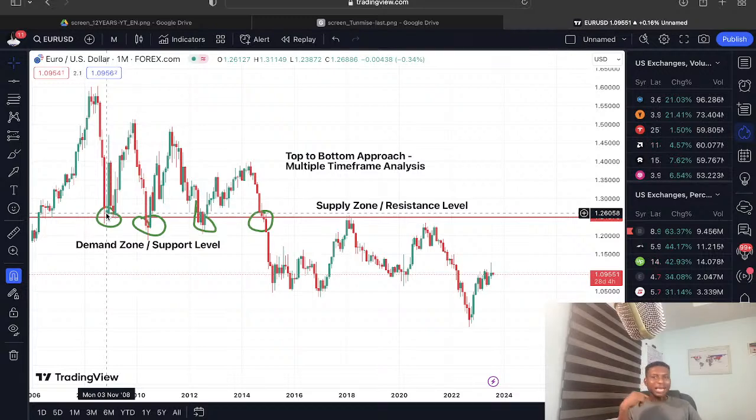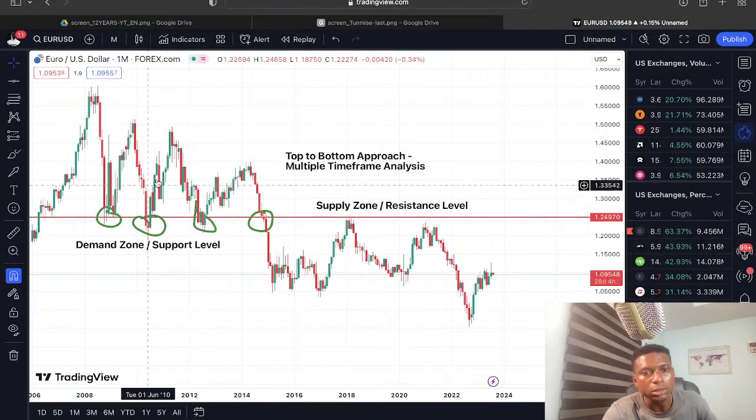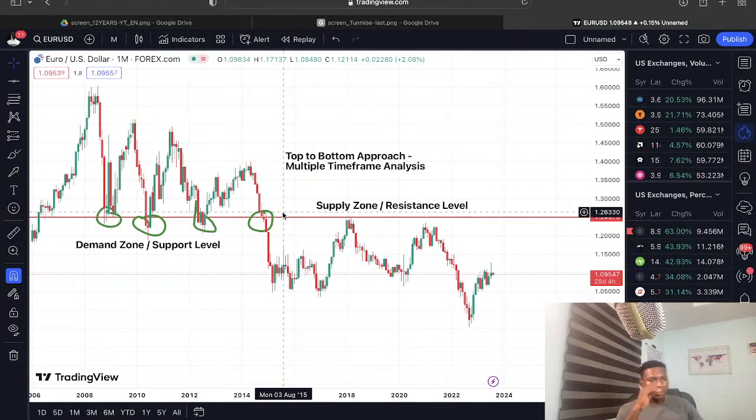Price came again, touched it the third time, created another footprint. And the fourth time price comes to touch that level, it broke through. Why did it break through that level? Because that level has become weaker.